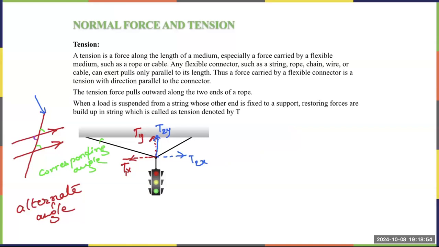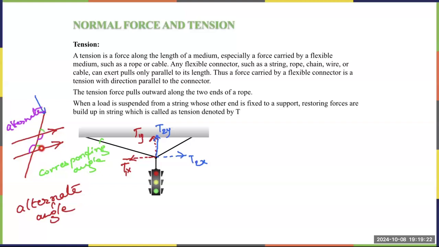This angle and this angle are my alternate angles. Alternate meaning it is alternating on both sides of the transverse line. This is my transverse line, so they are on alternate sides of the transverse line. They are called alternate angles.